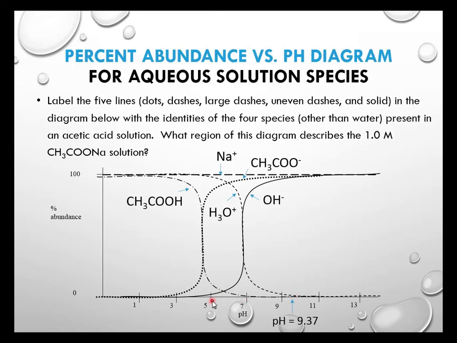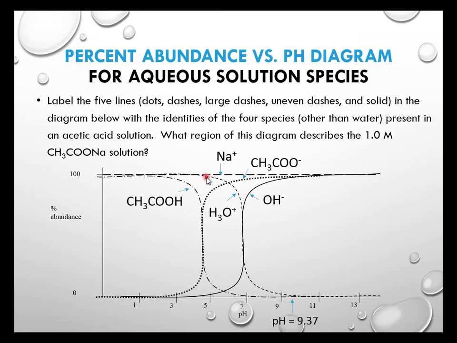If we go down to a pH of 5, we see that the minor species are OH- and the acetic acid. Major species are H3O+, the acetate anion, and finally the sodium cation.